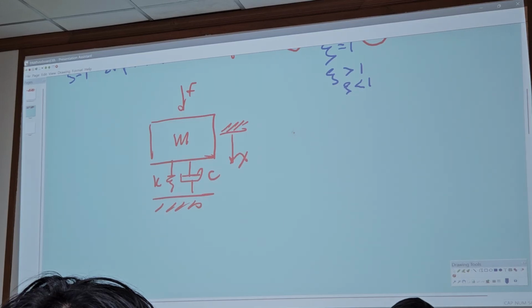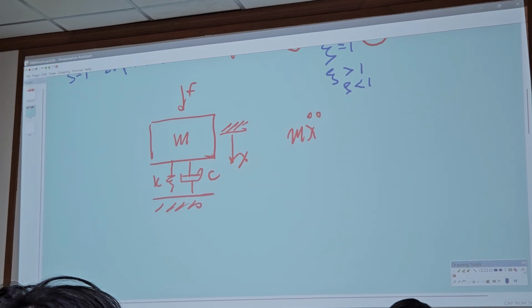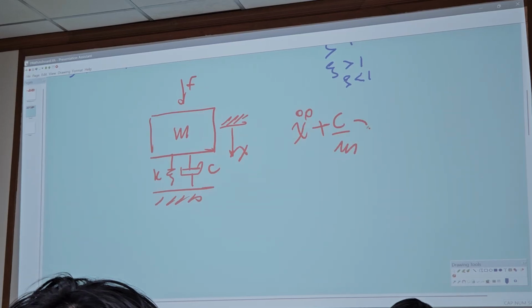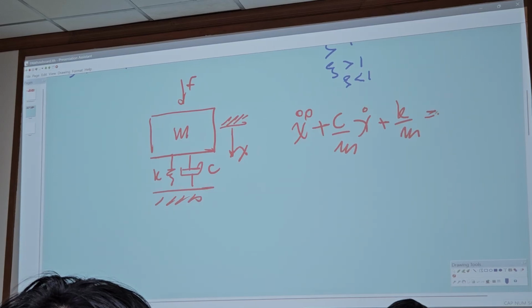You have m x double dot. Let me put it this way: x double dot plus c over m x dot plus k over m x equals f over m, right? This one.